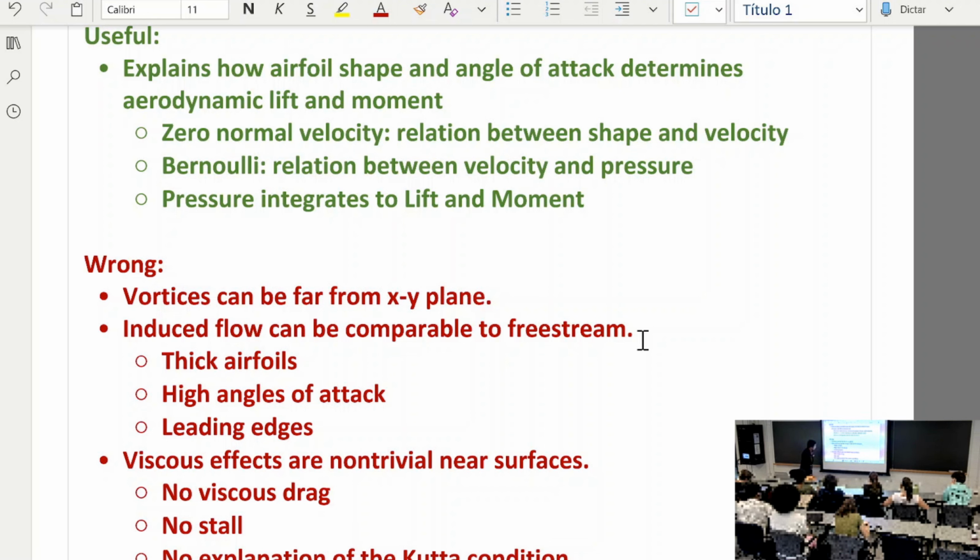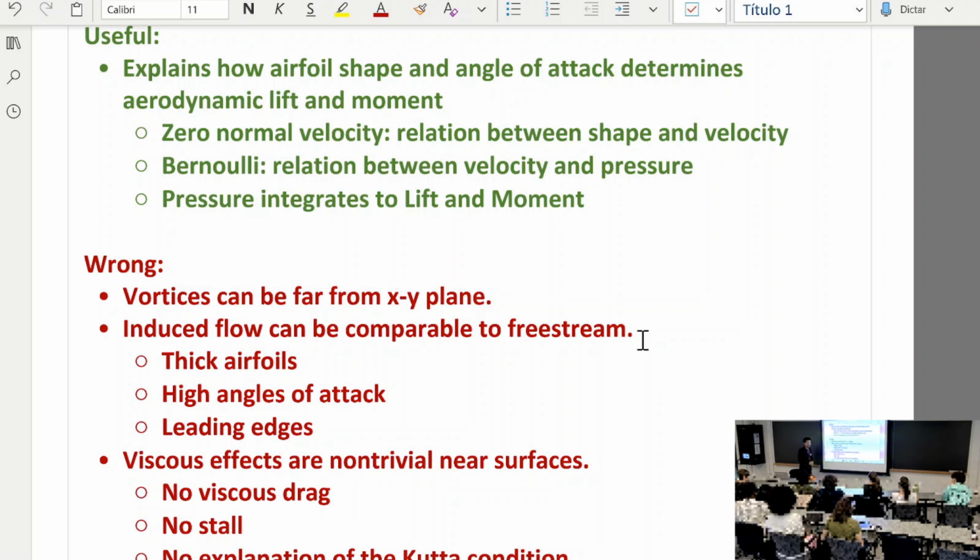The third way it is wrong is that, of course, from the beginning until now, we never considered any viscous effects, right? The portion of the Navier-Stokes equation we have written down only has pressure as a force. It doesn't have the viscous force. Which means thin airfoil theory, if you strictly believe in it, predicts zero viscous drag for everything, which is fantastic but not true.